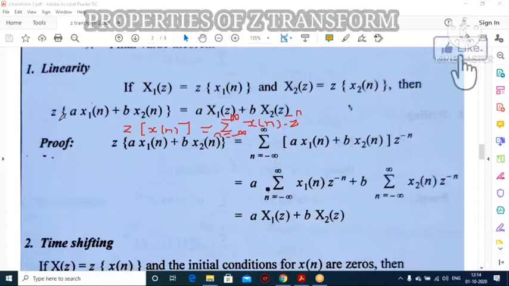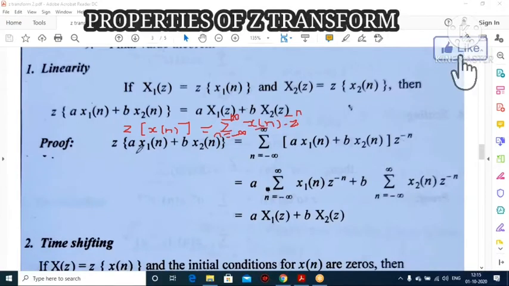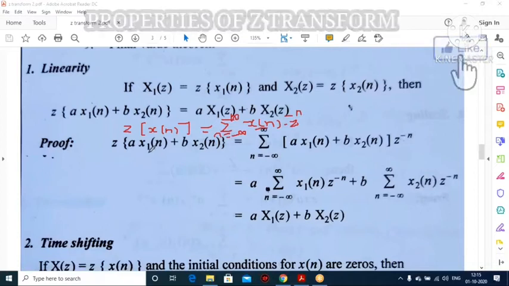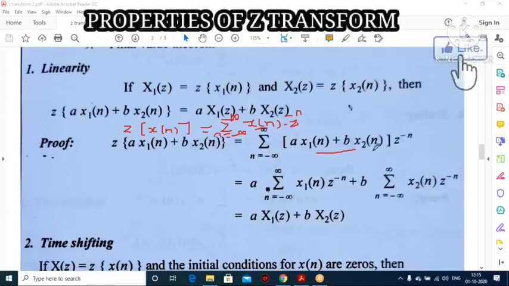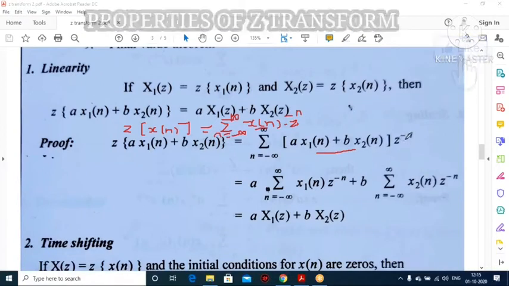The left hand side is the Z transform of a x1(n) plus b x2(n). Now I substitute in the summation from n equals minus infinity to infinity, instead of x(n), a x1(n) plus b x2(n), multiplied with z power minus n.